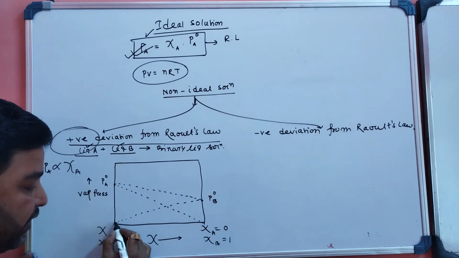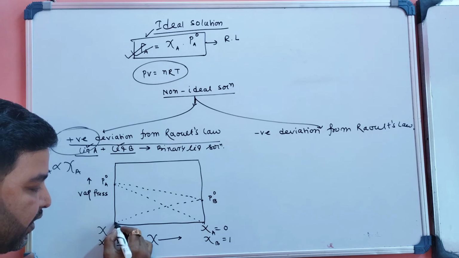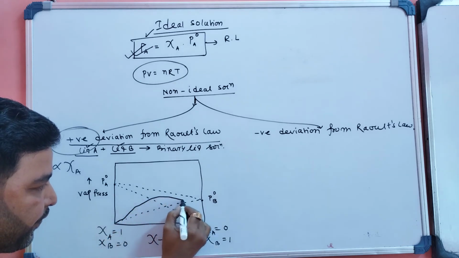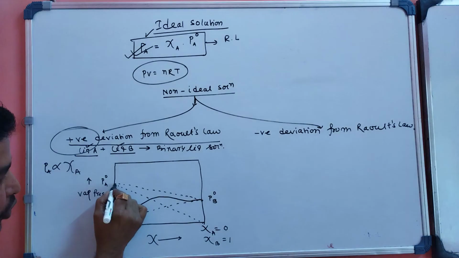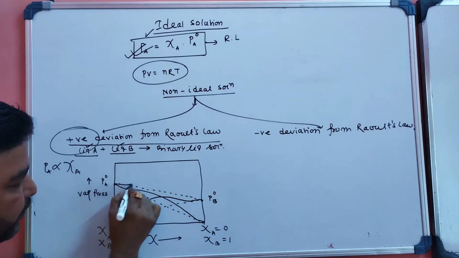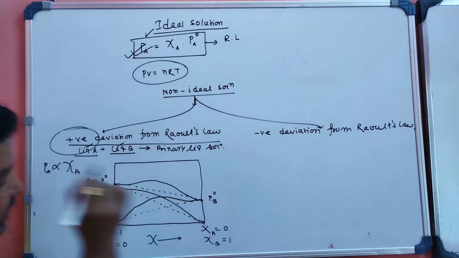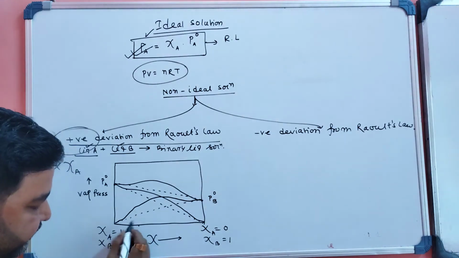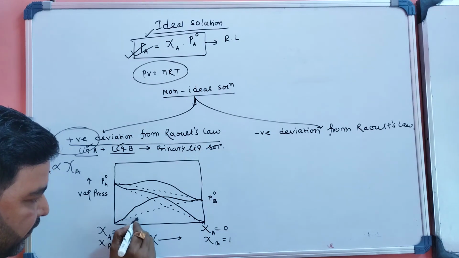But experimentally, if we get this type of graph, then the solution shows positive deviation from Raoult's law. Sir, why is it called positive deviation? Follow. Suppose we take a point over here.